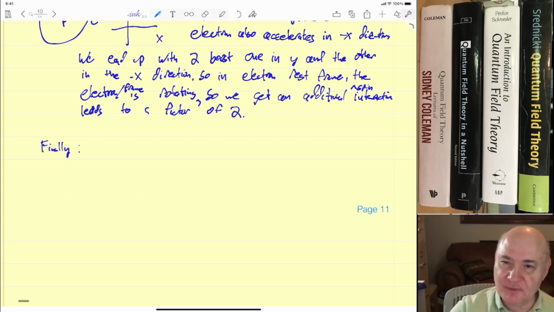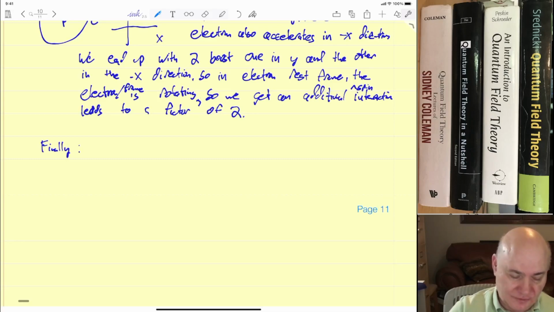The same thing happens with light. When we see things, we're not seeing them exactly as they are at the time in the reference frame, because we have to take into account that they're a distance away and light travels at a velocity c.